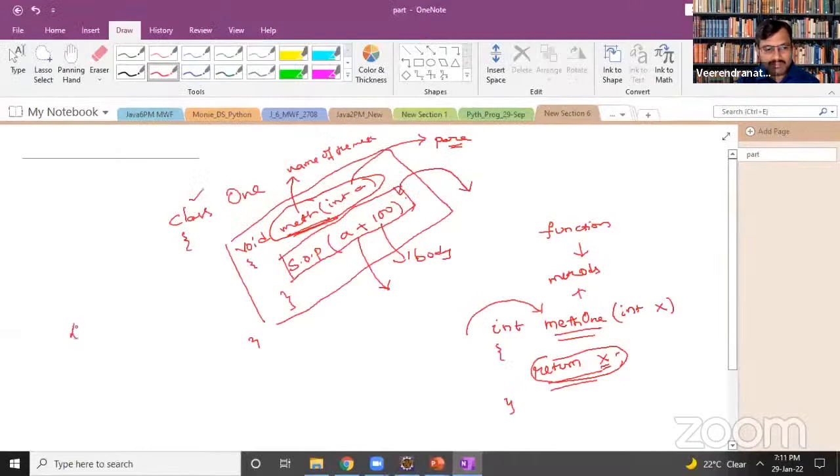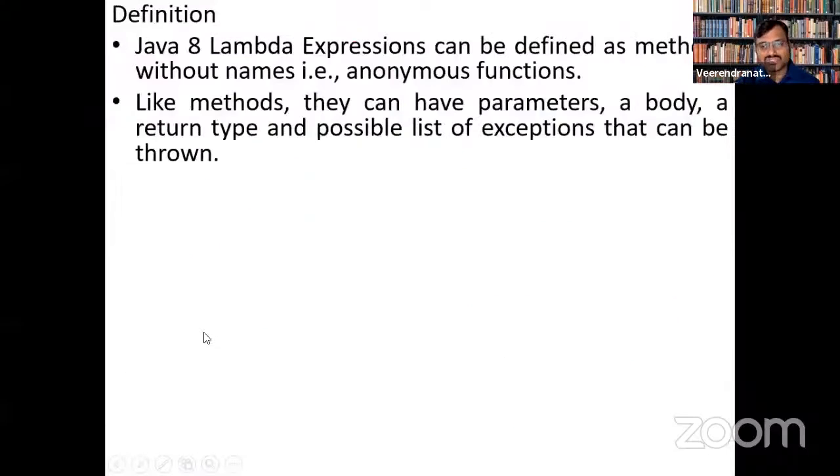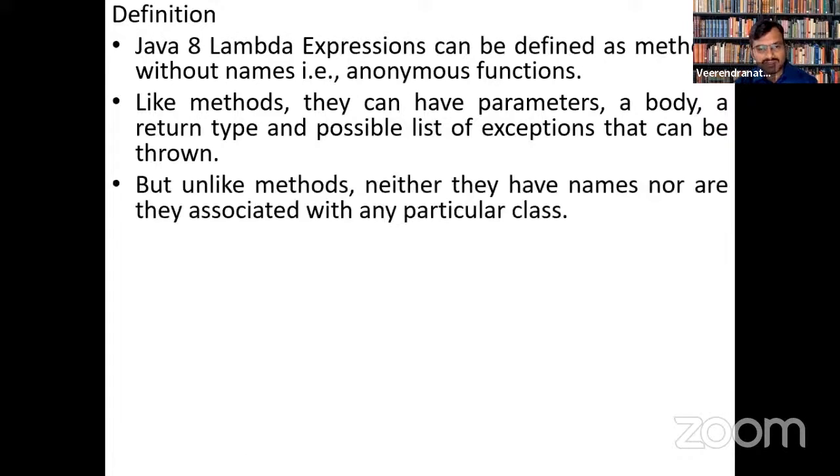Exceptions are part and parcel of programming, Java or any object-oriented programming, so they are quite common. Lambda expressions also throw exceptions. Literally, what I'm trying to say is that it is a method which does not have any name, and it has the same properties as a method.